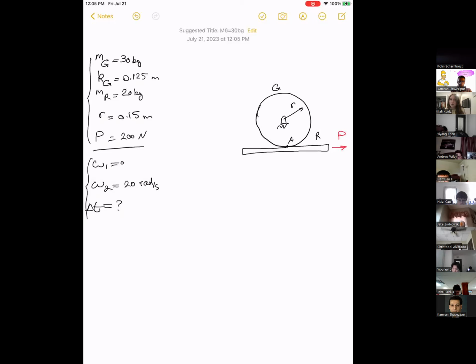Okay. If I want to use impulse momentum, how am I going to do it? You have an object rotating about a point, then you have an object translating, and you want to see how we're going to do this.